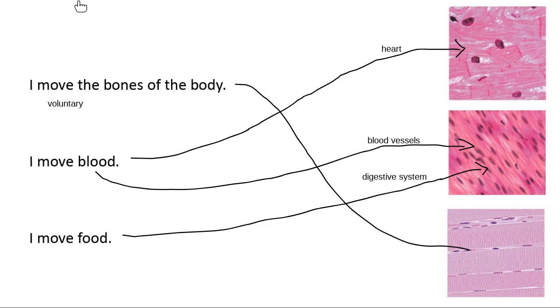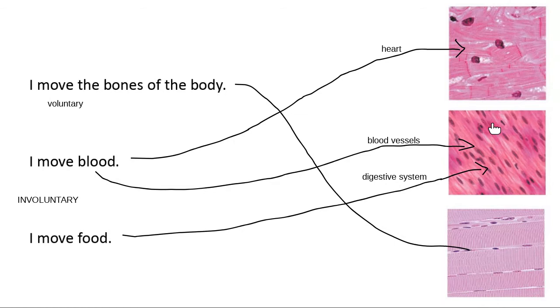Remember though, we kind of hinted at this, when it comes to our types of muscle tissue that move blood and that move food, both of those, cardiac and smooth, are involuntary, meaning you do not decide when they contract.